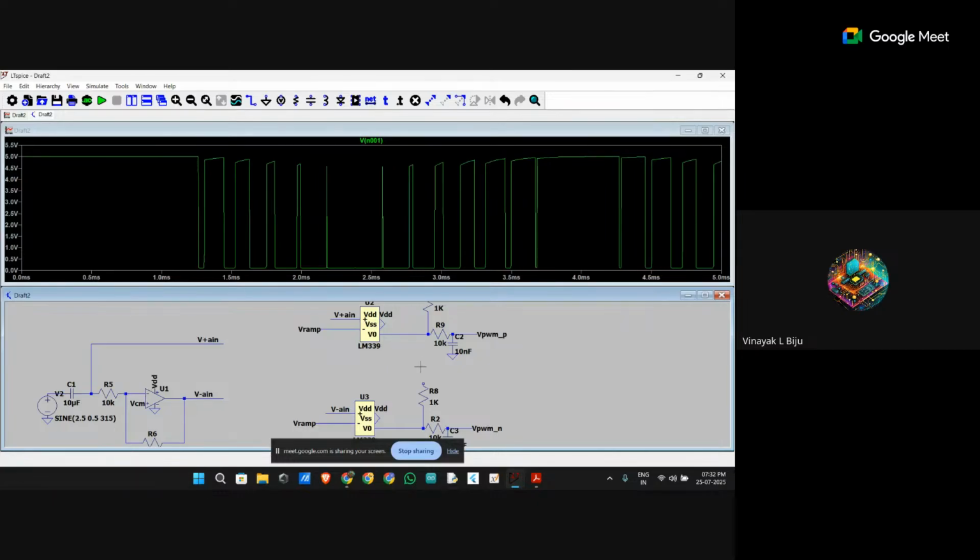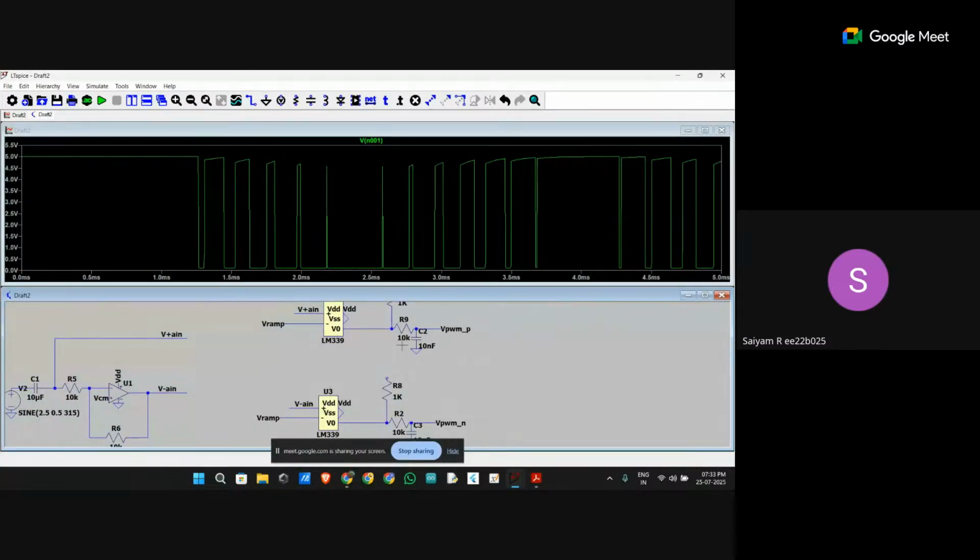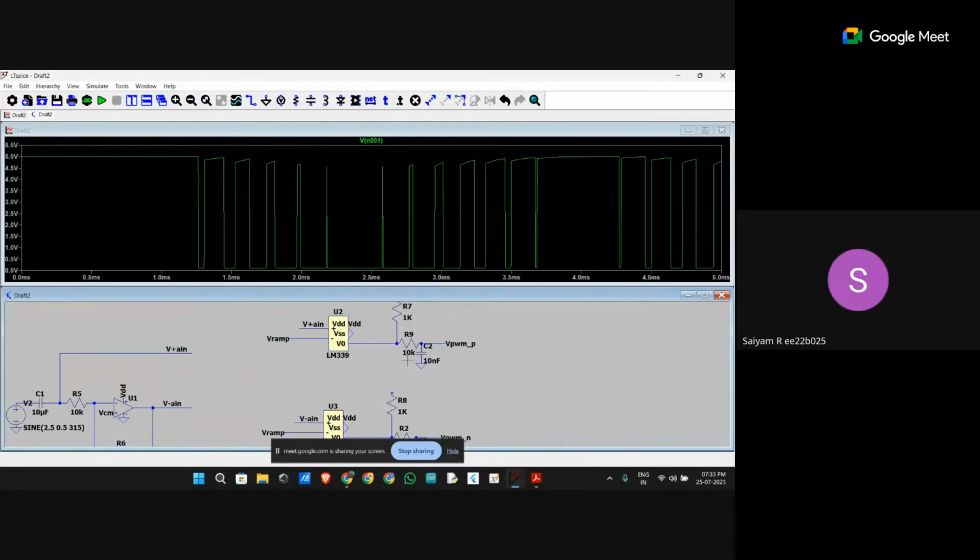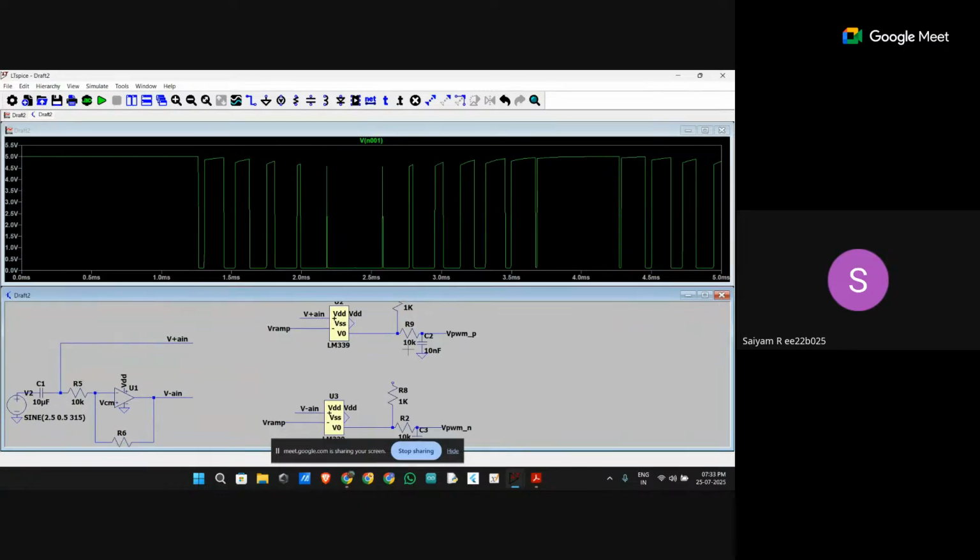Let's see. Okay, one second. With the pull-up resistor, can you show the output?